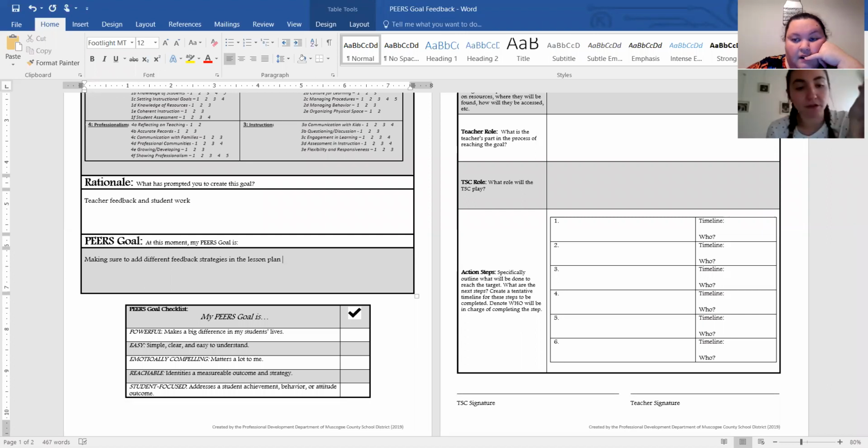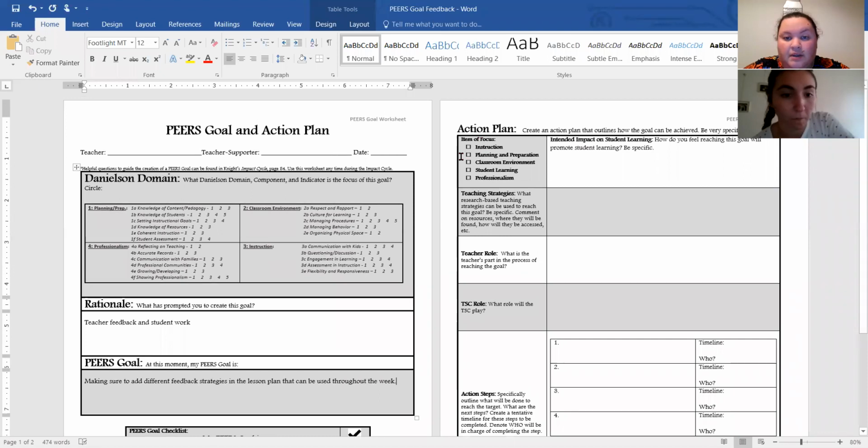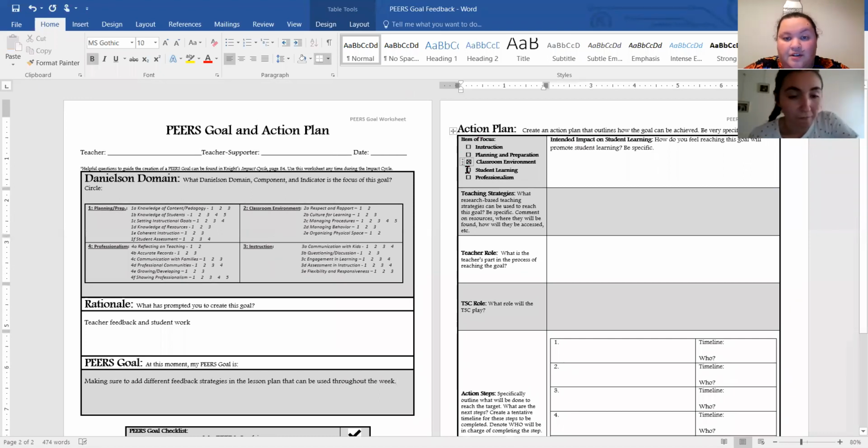And it can be feedback that can be used throughout the lesson, throughout the week, not just during the assessment time. Okay, that'll be good. All right, so this can be classroom environment, student learning, instruction. It can be all of it.